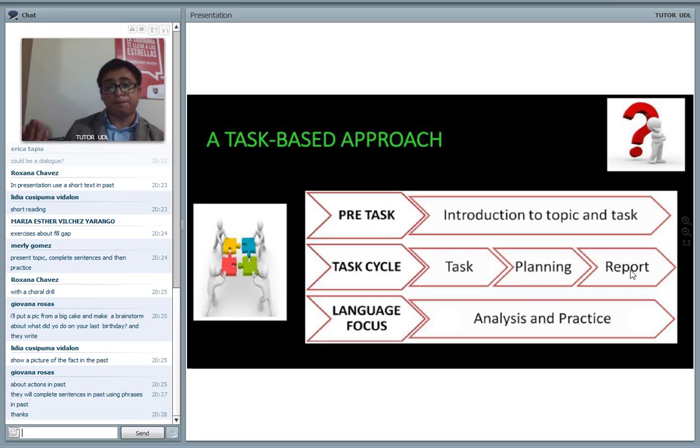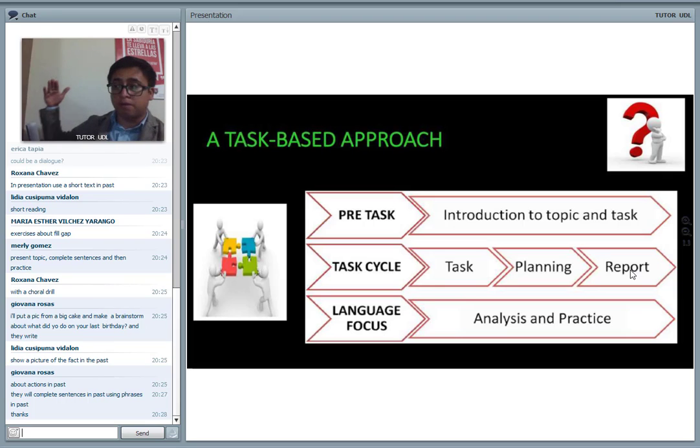The first one is the pre-task. Remember that here you have to use different kinds of tasks. So the students are going to complete tasks given by the teacher. For example, the pre-task is the introduction to topic and task. So you introduce the topic, similar to the PPP, right?